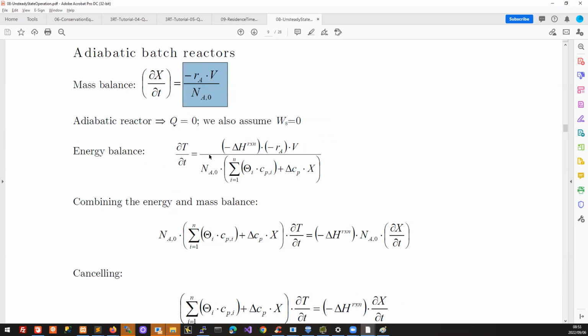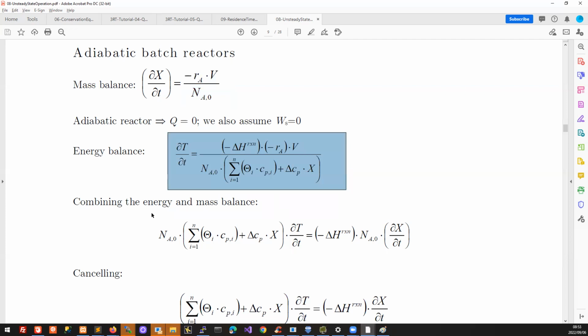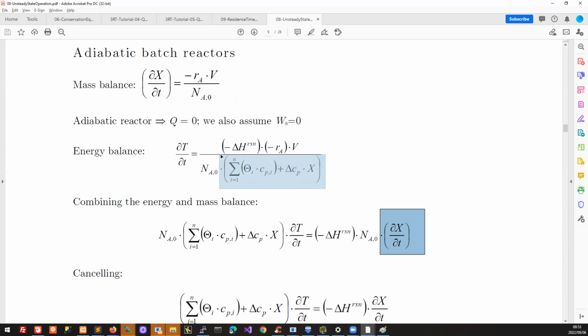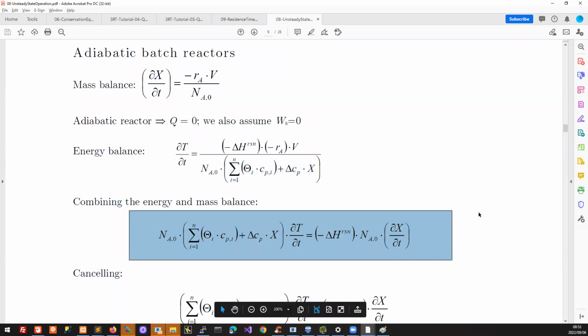So you can substitute this r_A V over N_A0 by dX/dt. And so on the right-hand side, you can rewrite this as dX/dt times delta H_R over this sum here, this factor. And then if you multiply both sides by this factor, then the balance becomes this.